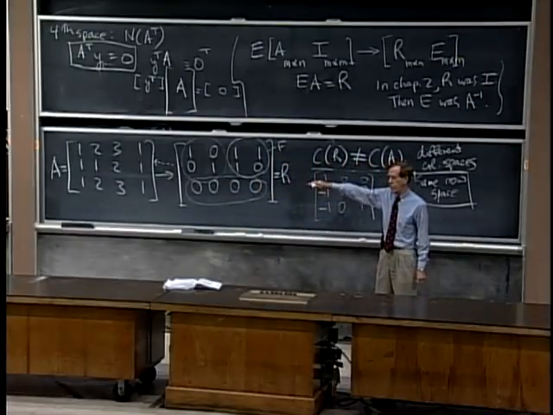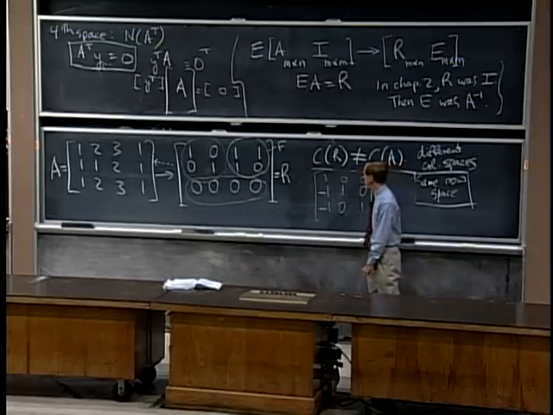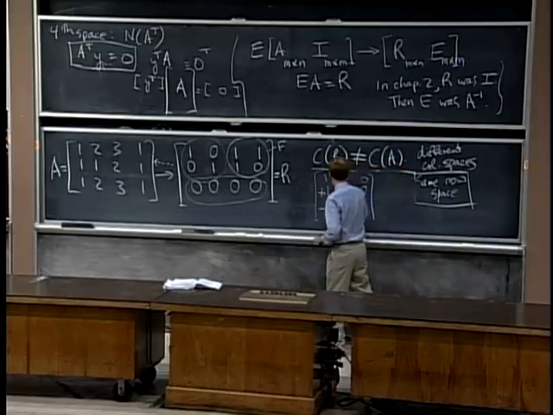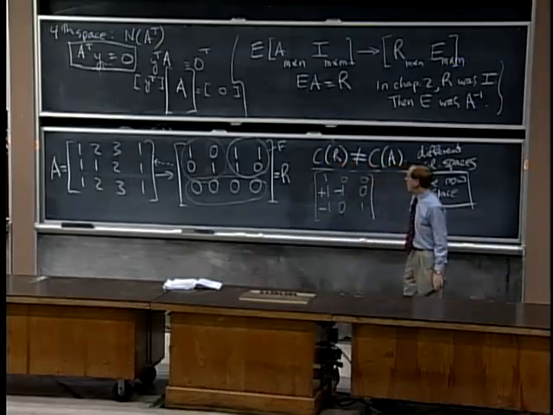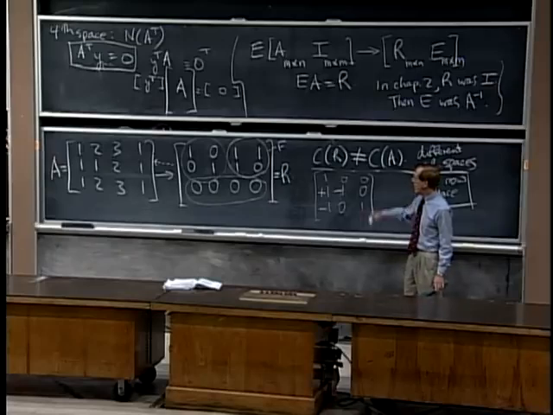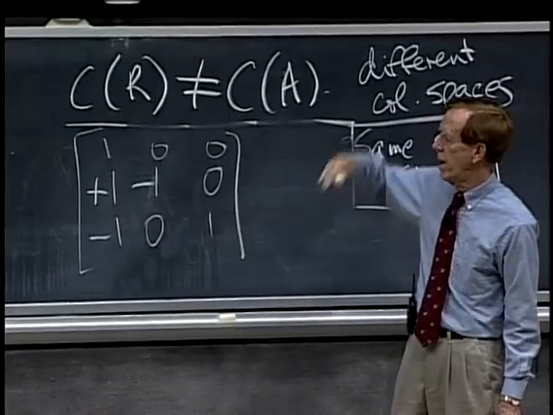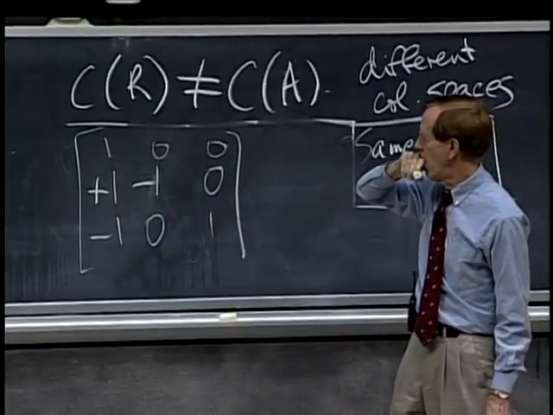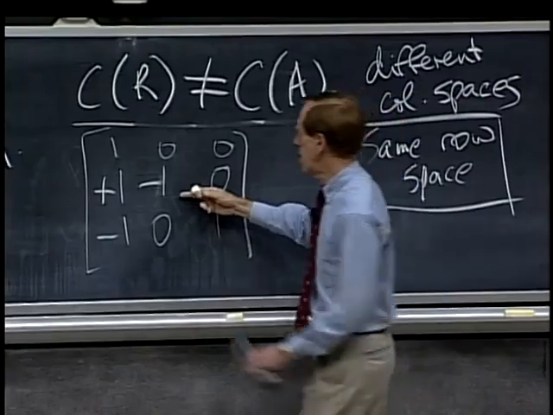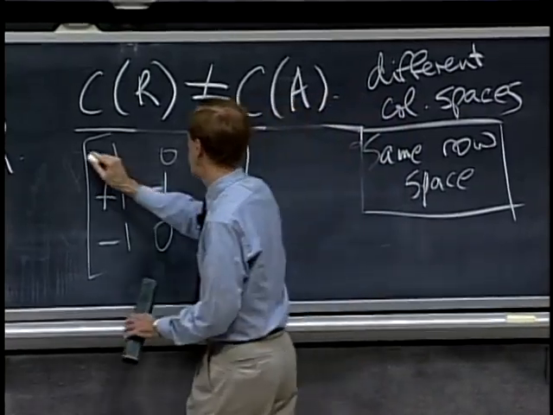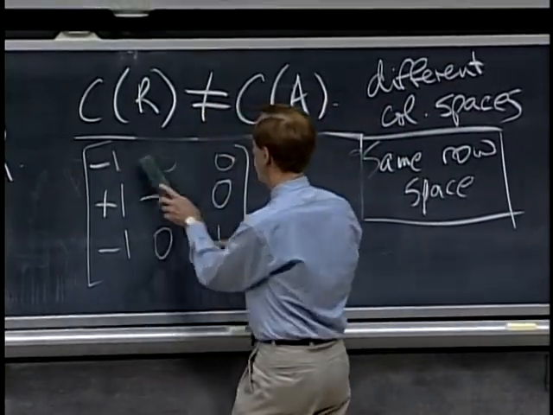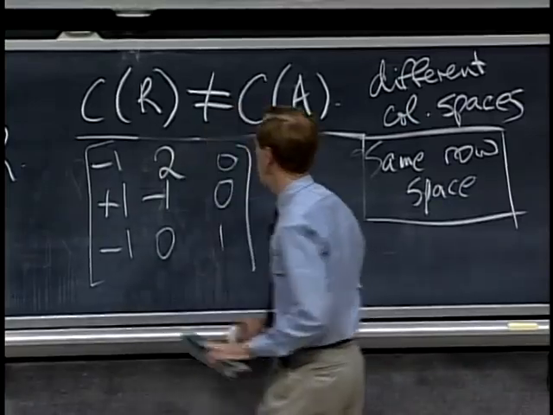I multiplied row 2 by minus 1. Let me just do that. Then what did I do? I subtracted 2 of row 2 away from row 1. I better do that. Subtract 2 of this away from this. That's minus 1. 2 of these away leaves a plus 2 and 0.